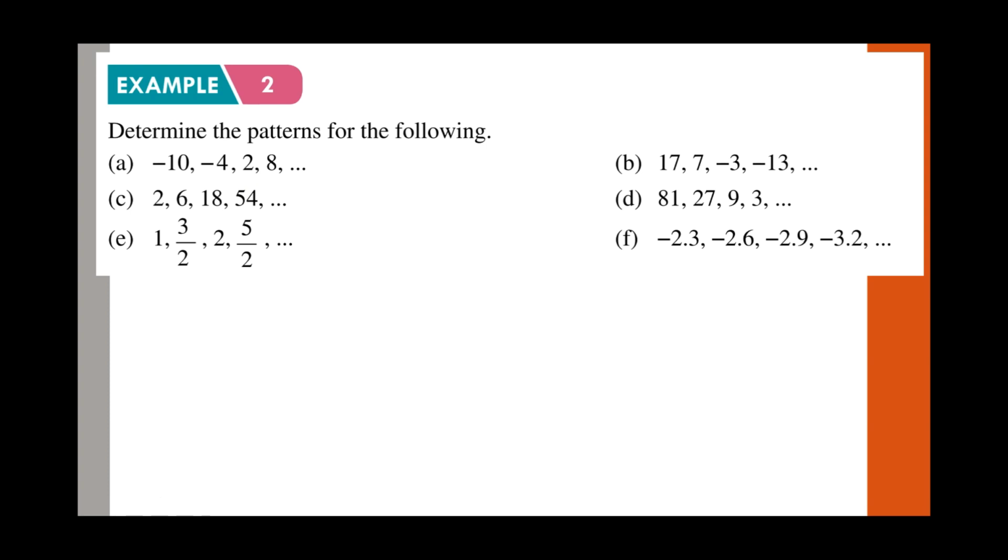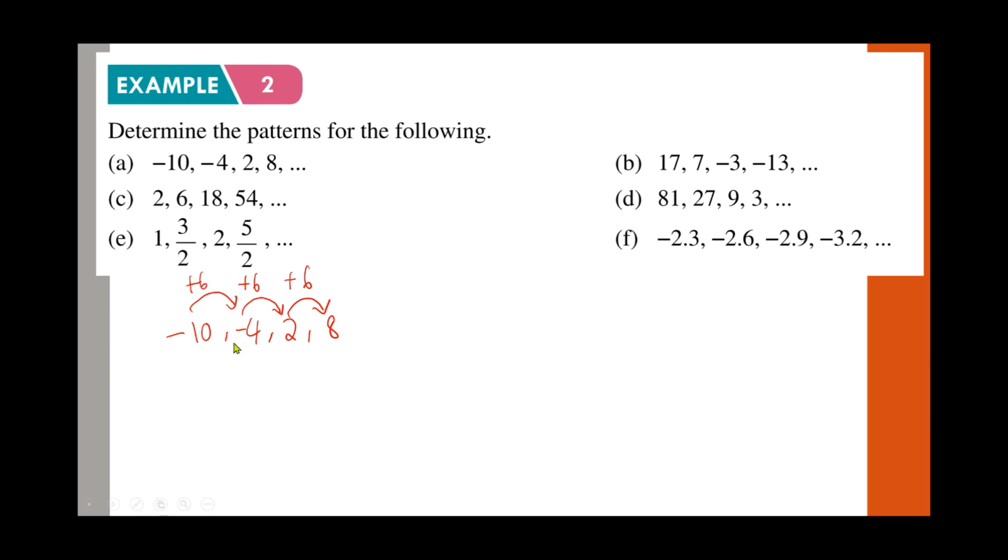6, right? Okay, I rewrite now. -10, -4, 2, 8. So the difference is 6. Meaning that from 2 to get 8, we plus 6, right? Okay, so we check. -4 plus 6. Is it correct? The answer is 2. Yes. What about -10 plus 6?